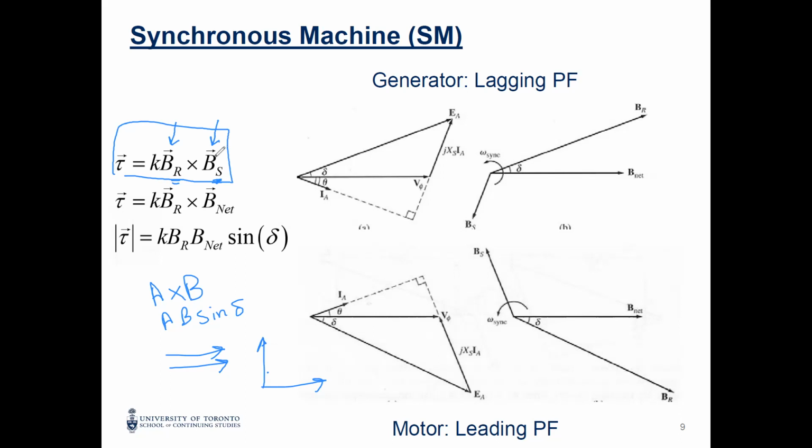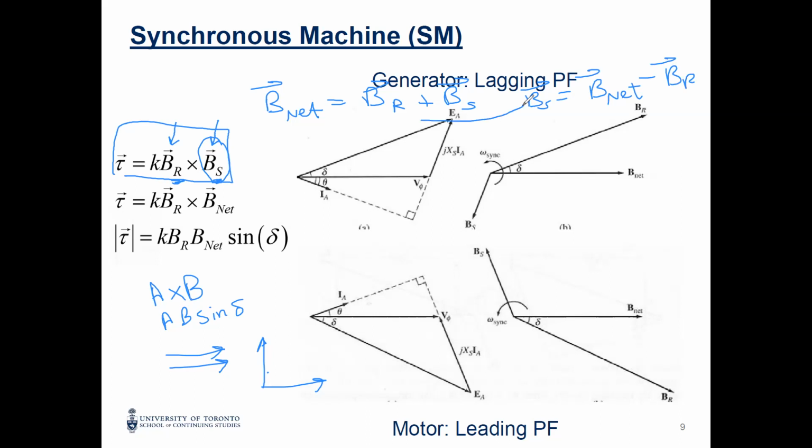Okay. For the one from the stator and the rotor, we have something called the net. The net is the summation of both of them, the one from the rotor plus the one from the stator. So the one from the stator is the net minus the rotor.